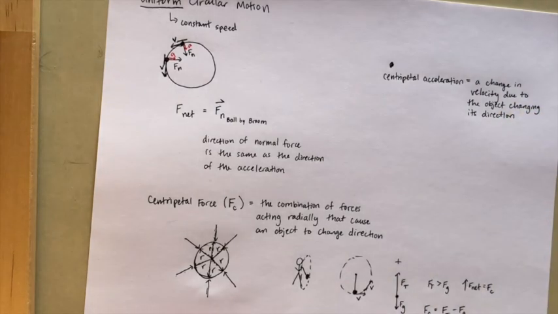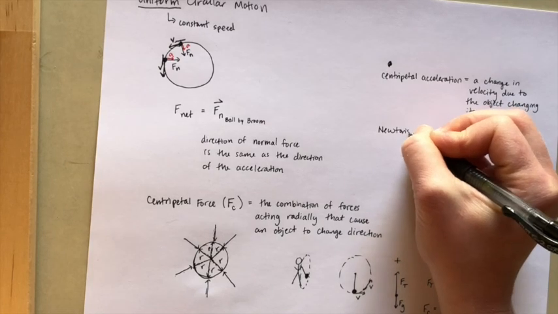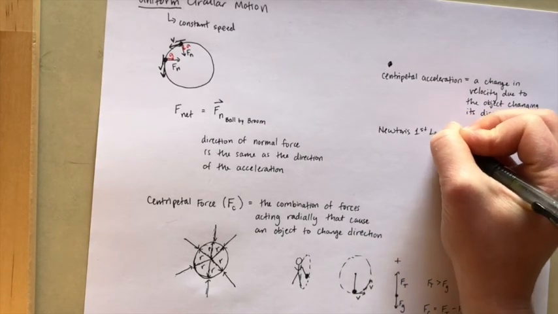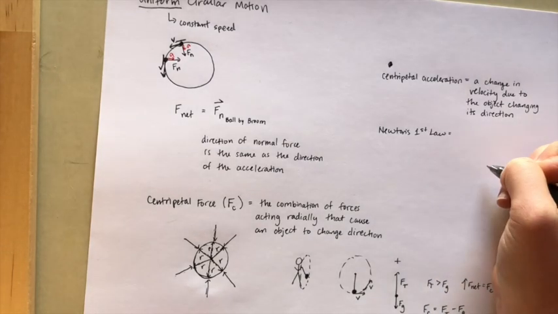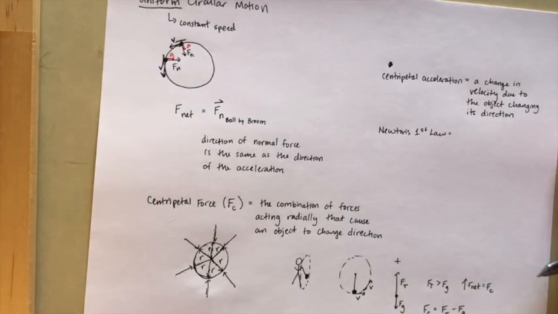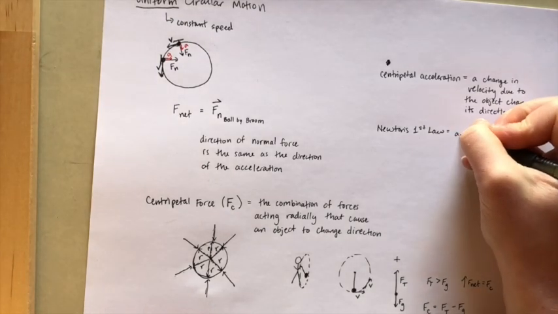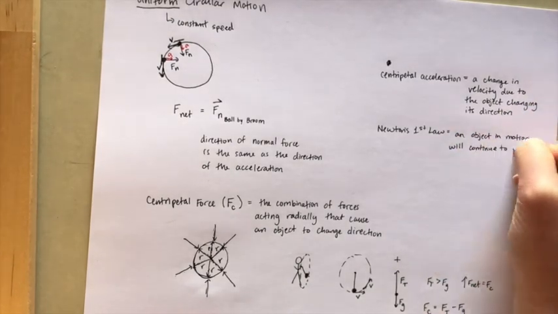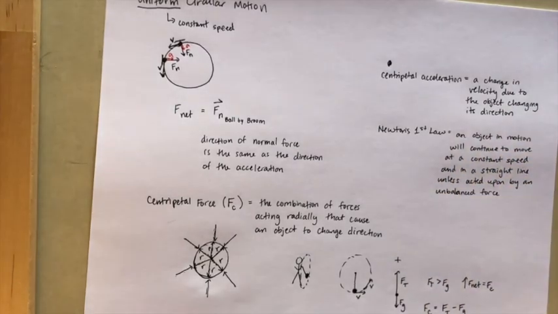Now, all of this is really connected to Newton's first law, which states that an object in motion will continue in motion in that same direction unless it's acted on by an unbalanced force. So here we have an unbalanced force.